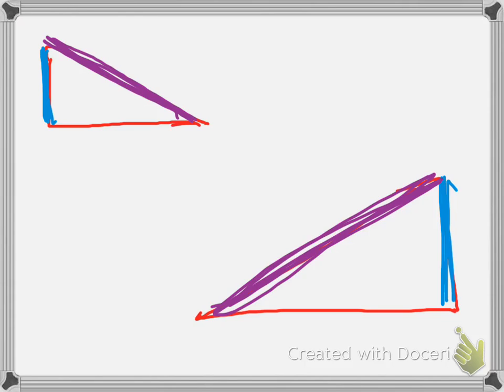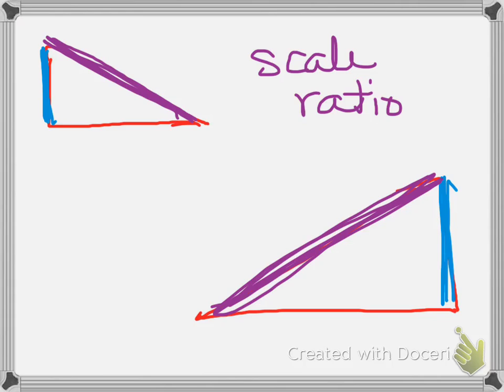If we have some figures like this and we want to find the scale ratio, and let's say that they don't give us any numbers, they tell us to measure the lengths of the sides to find the scale ratio. To find the scale ratio, you need the measure of two of the corresponding sides. So on these two triangles, you could measure the two purple lines, or the two blue lines, or the two red lines. It doesn't matter, but you just need to find two sides that correspond to each other. Let's say that we're going to measure the blue lines.